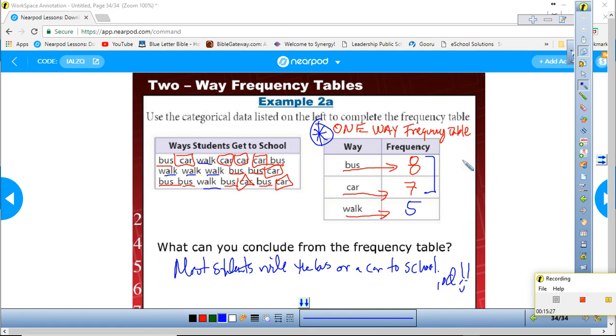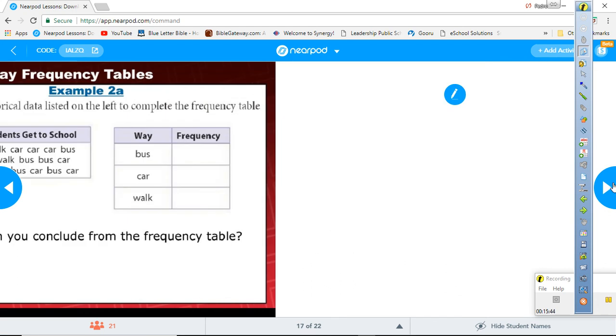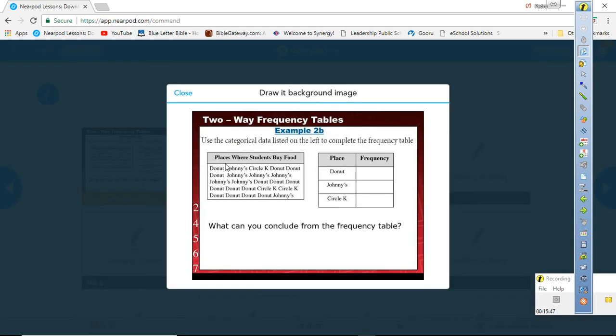All right, so we understand what a one-way frequency table looks like, how to fill it in given data, and how to analyze it, and from there, summarize it. Are we there? All right, I'm going to forward your screen, and I'm going to give you another set of categorical data. It reads, places where students buy food.